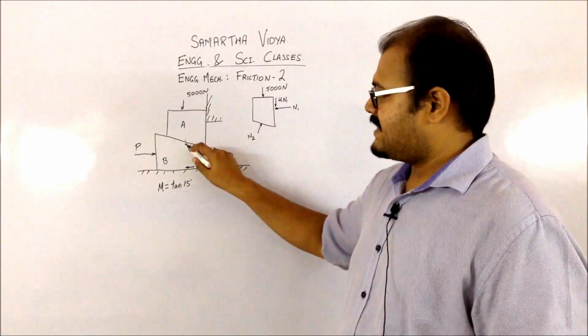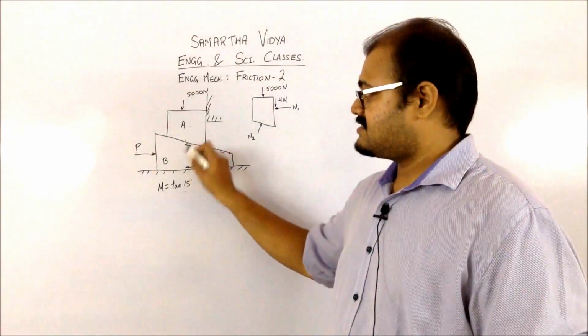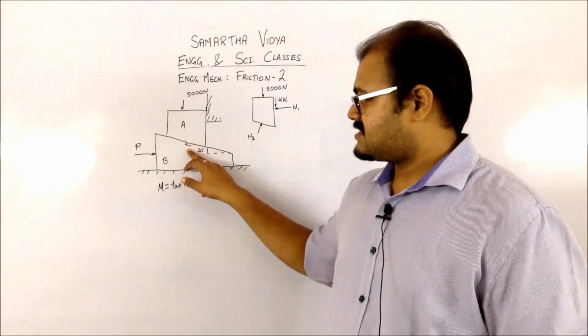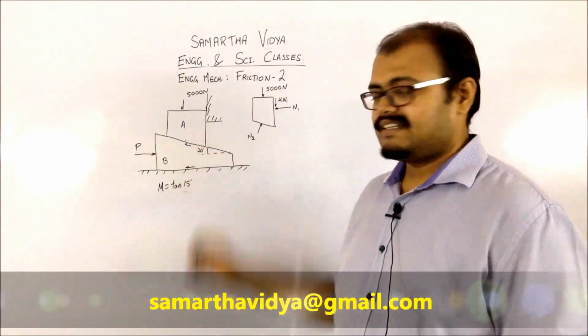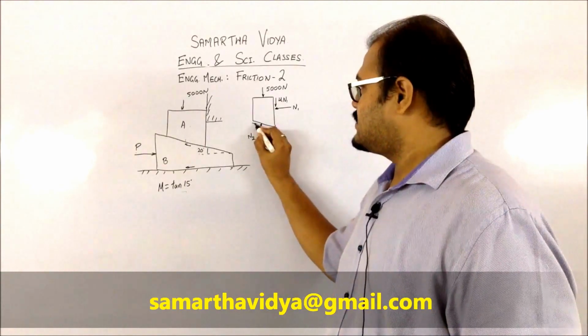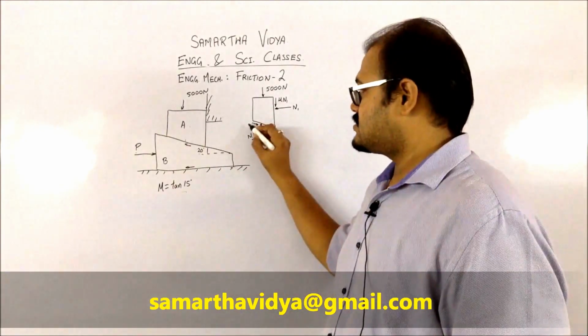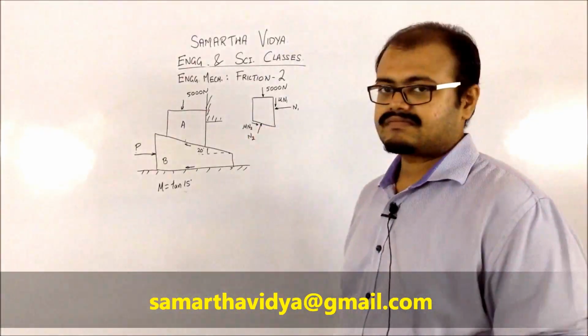Now when you are replicating this particular force on A, the frictional force should be equal and opposite, because this particular frictional force is represented for B. So when you are representing it for A, it should be equal and opposite. So this particular frictional force will be in this direction, and that will be equal to mu N2.